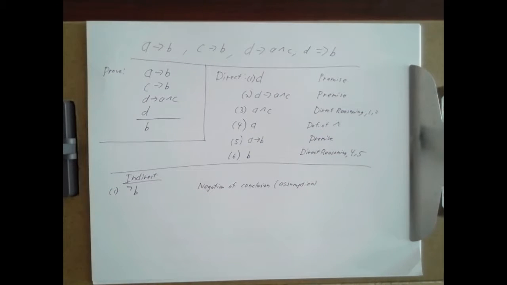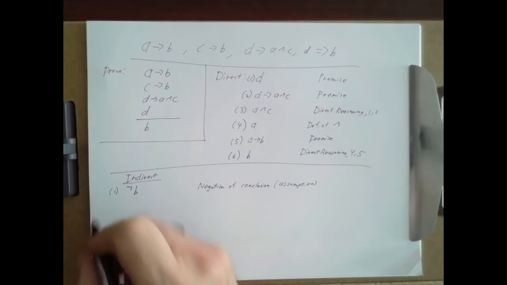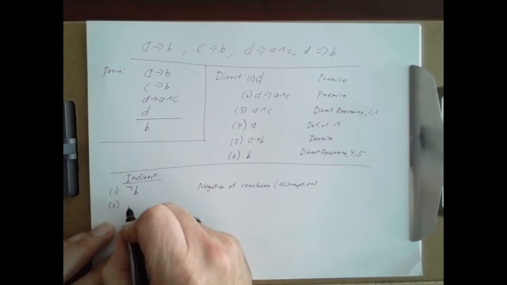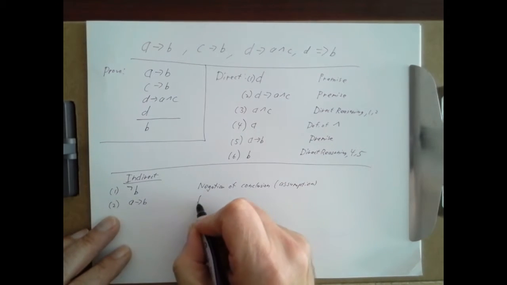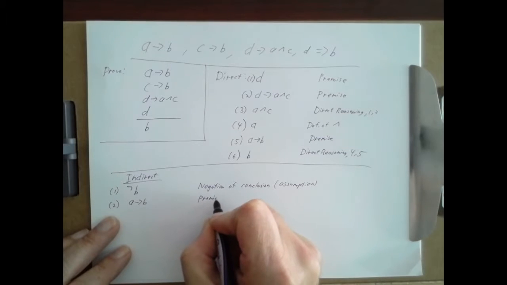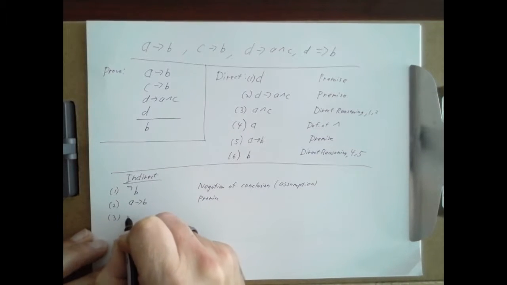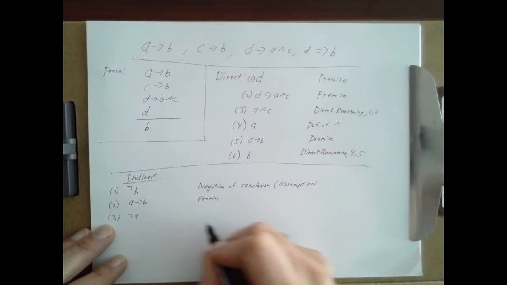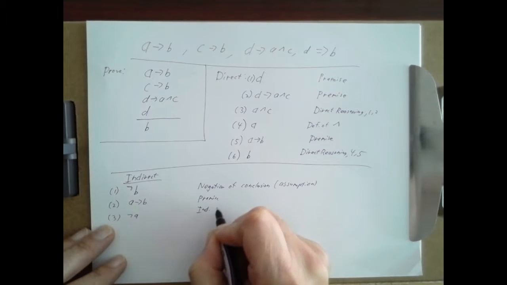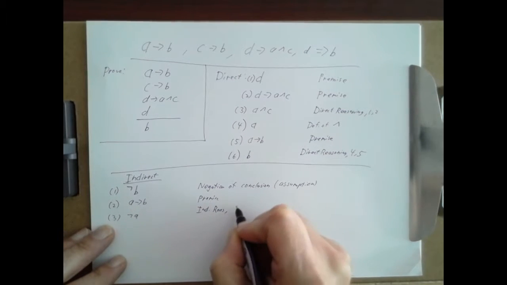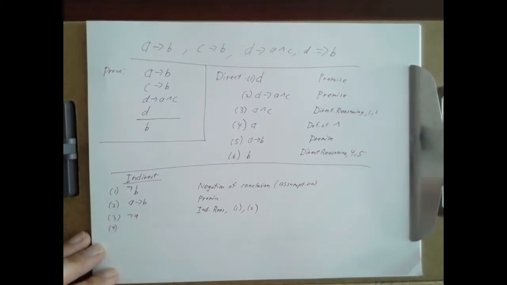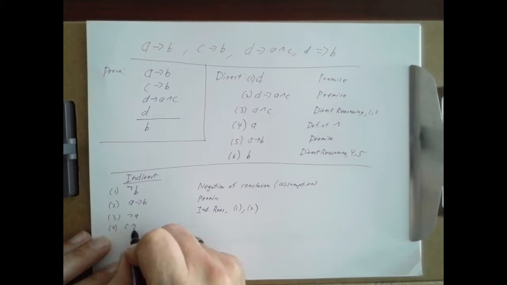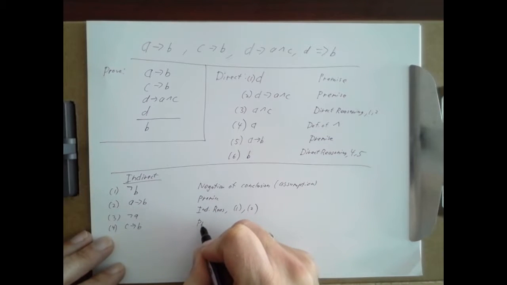What does not B get us? All right, so not B together with A implies B, which is a premise, gets us not A. That's indirect reasoning. And it also gets us not C because we're told C gives us B. That's a premise.